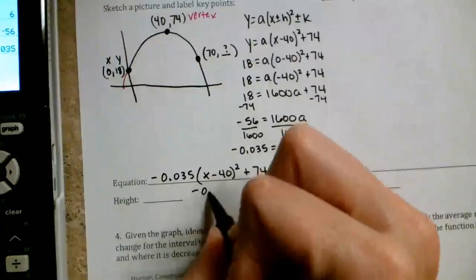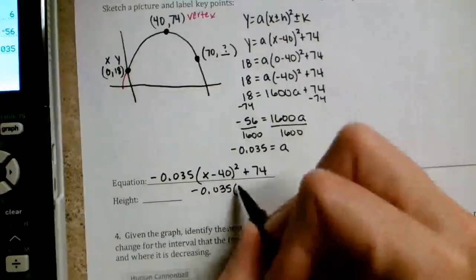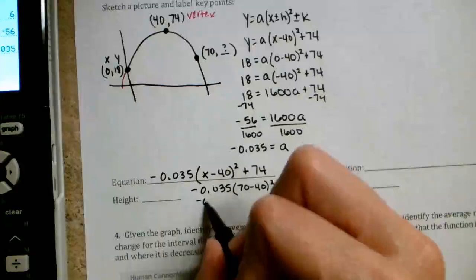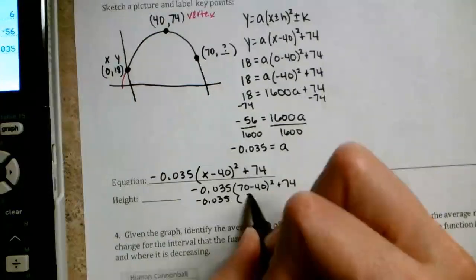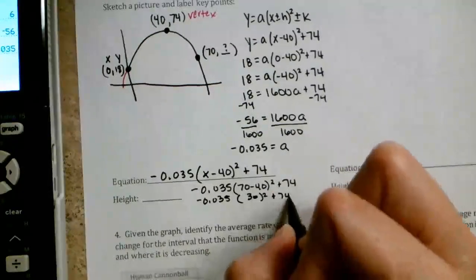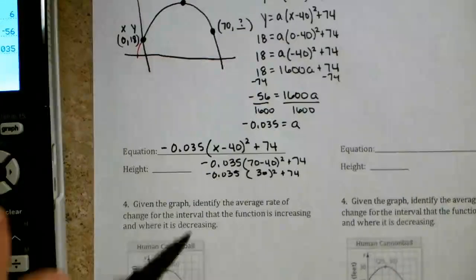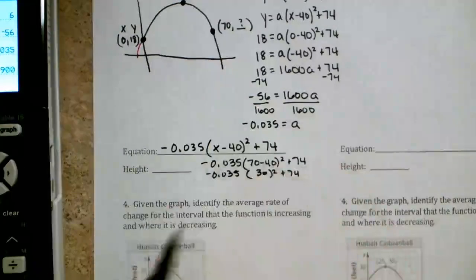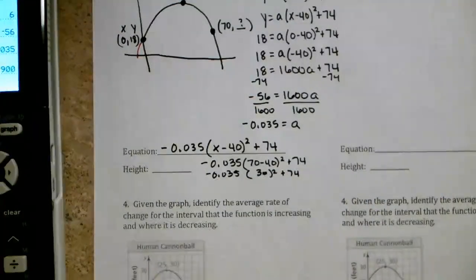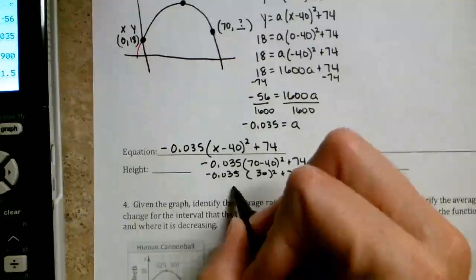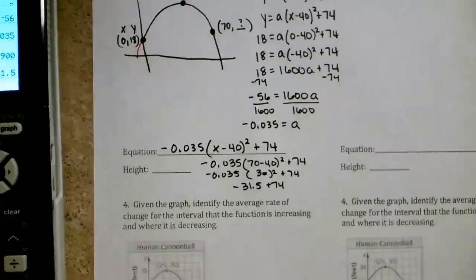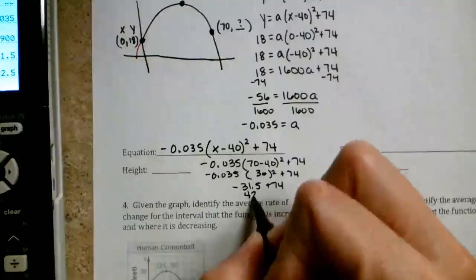So we would replace the x with a 70, follow our order of operations, and then type that into our calculators. So if we have 30 squared, 900 times negative 0.035, this is going to be negative 31.5 plus 74 is 42.5.